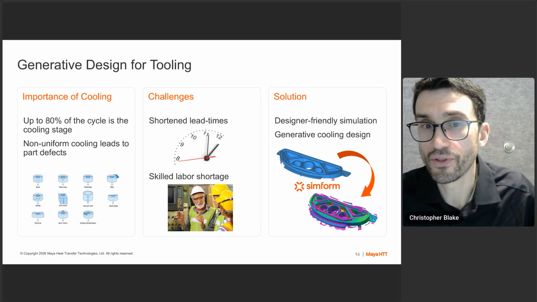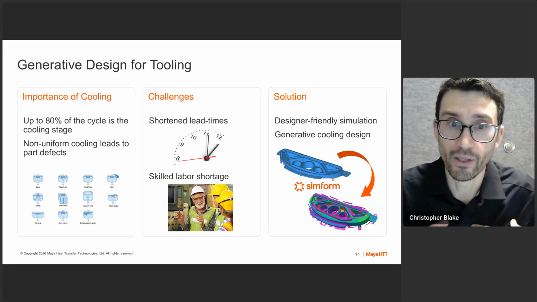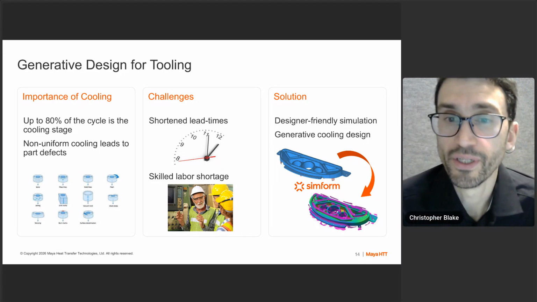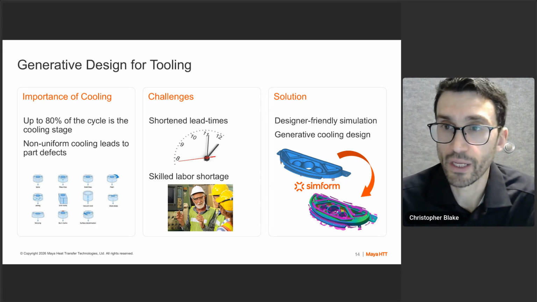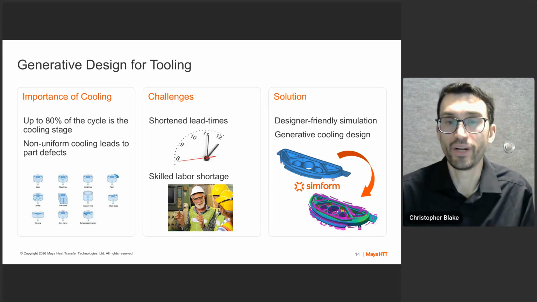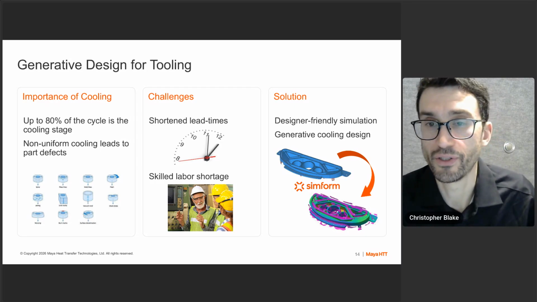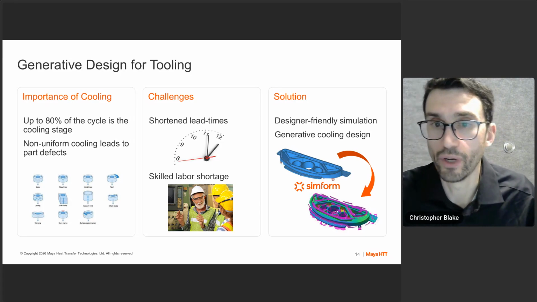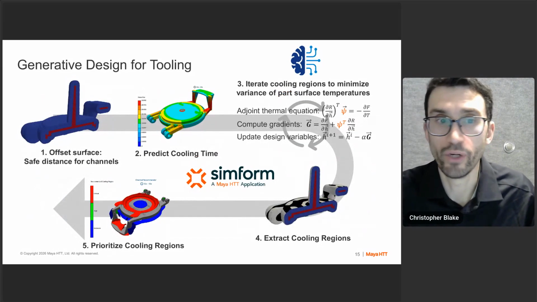So you combine those two, what's the solution? Well, at least from our company, the one that we propose at MyHTT is our tool called SimForm, which is an easy to use yet insightful simulation software of the injection molding process. Our software offers a generative algorithm that allows mold designers and tooling engineers to accelerate their design workflows and avoid lengthy mold trials, and even worse, costly rework of their tooling.